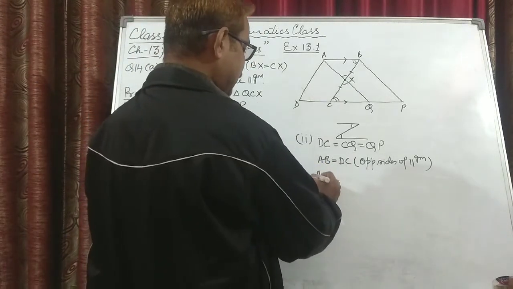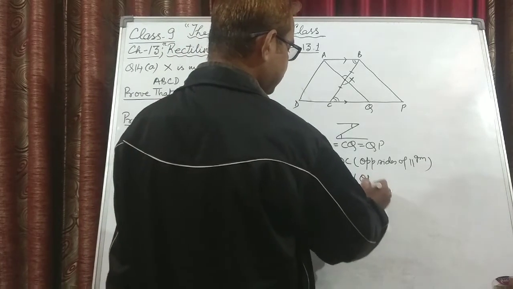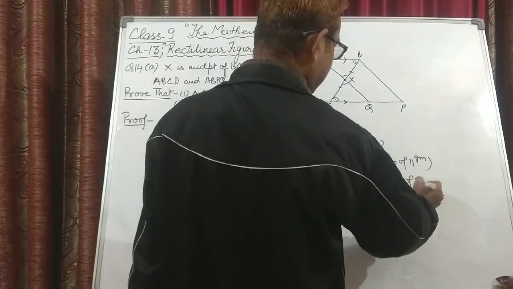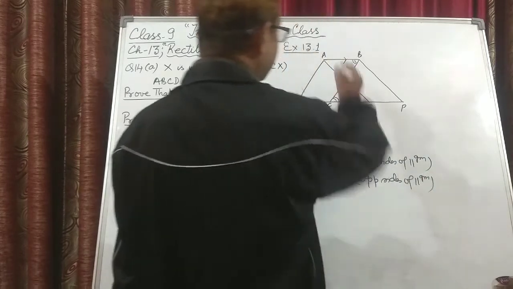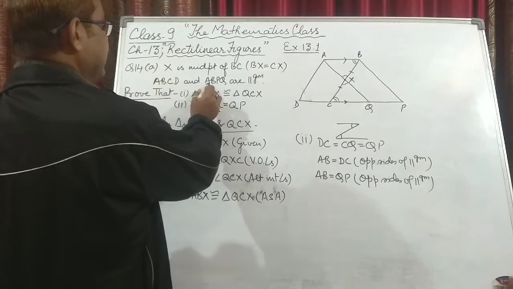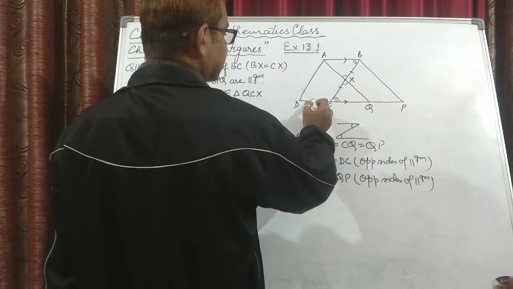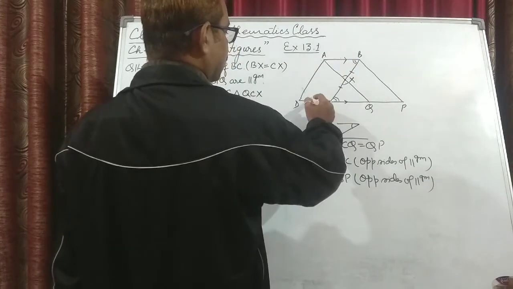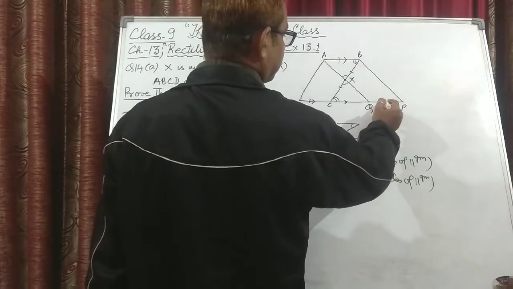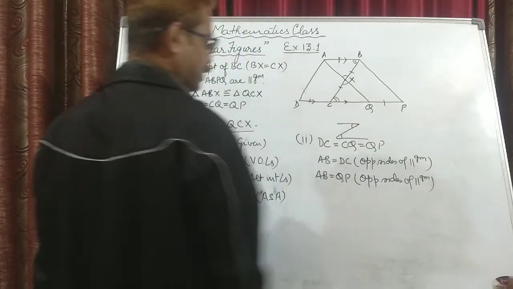Similarly, we can say that AB is equal to QP, again the same reason, opposite sides of parallelogram. Which parallelogram? ABPQ. It is given that ABCD and ABPQ are parallelograms. So in ABCD, CD and AB are equal, and in ABPQ, QP and AB are equal.